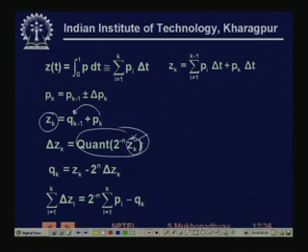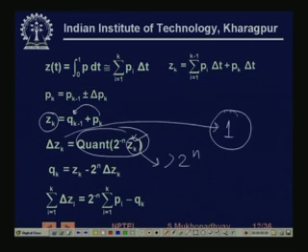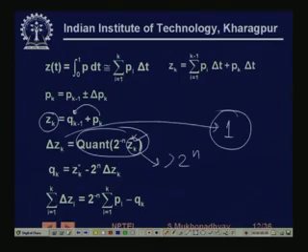Whenever zk becomes greater than 2 to the power n, this quantization result will produce a 1, right. This 1 will now go as a reference pulse to the motion control system and will produce a motion. Whatever is remaining from zk goes to qk, and again pk gets added.